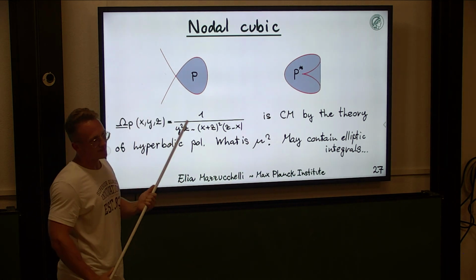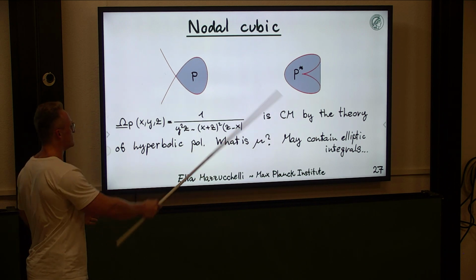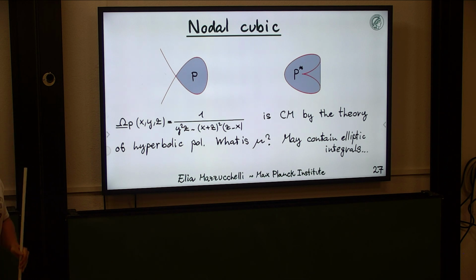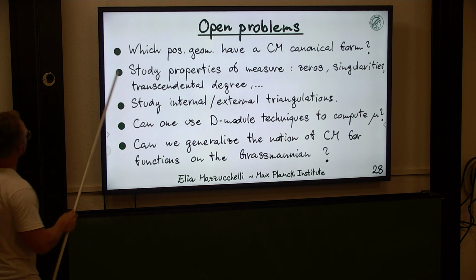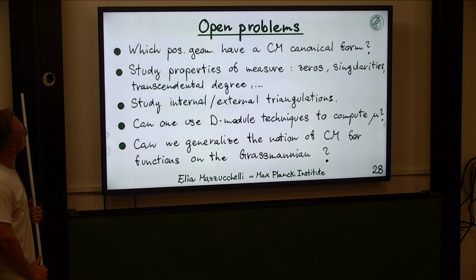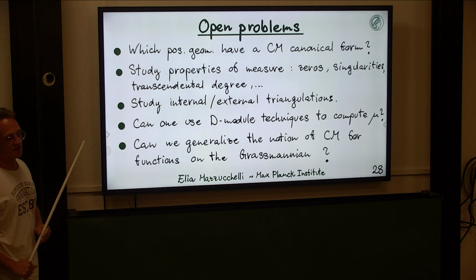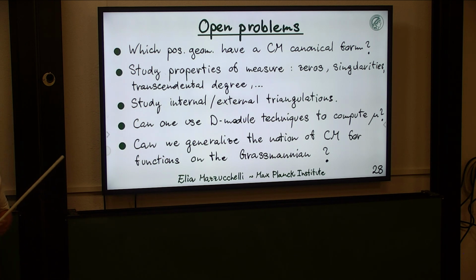But computing it is already hard enough, and it may contain some elliptic integrals. So open problems along this direction are, more generally: which positive geometries have completely monotone canonical forms? This seems to be related in particular to convexity.